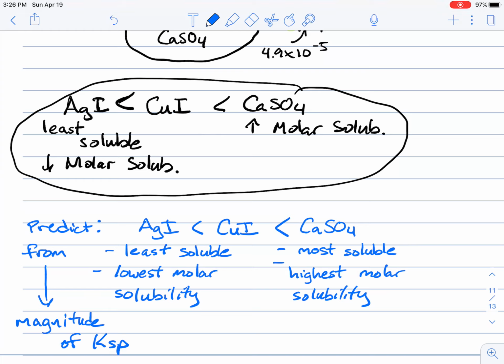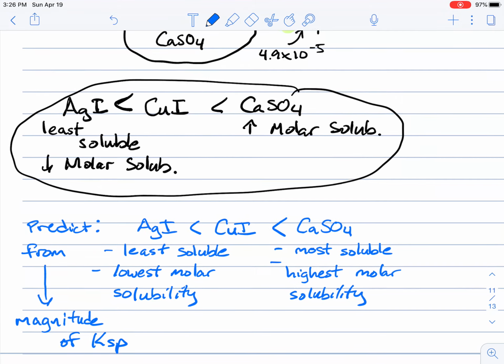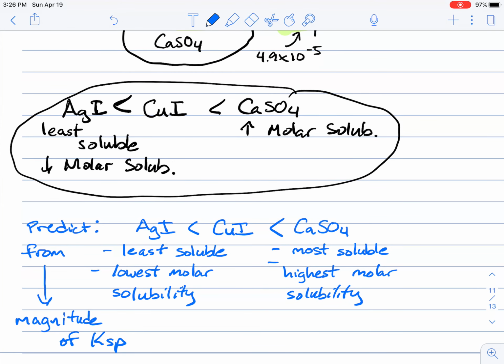And so this is the proof, this is the validation that I just wanted to show you that you can use to rank the molar solubilities of a given set of slightly soluble substances.